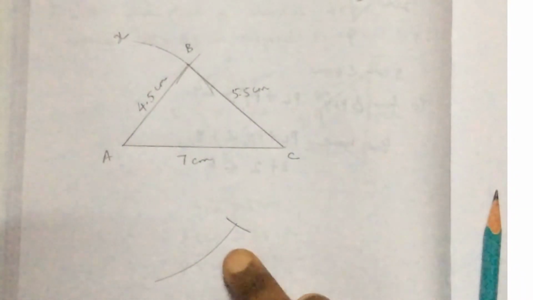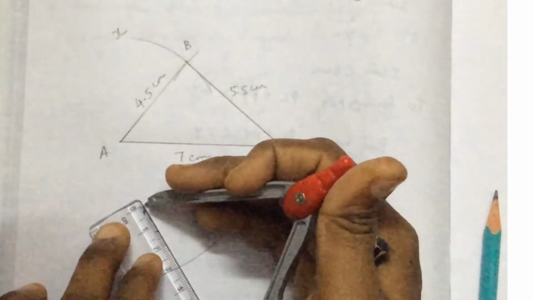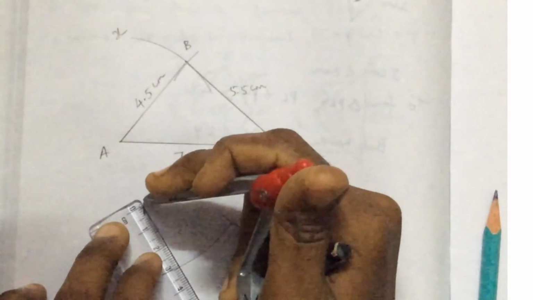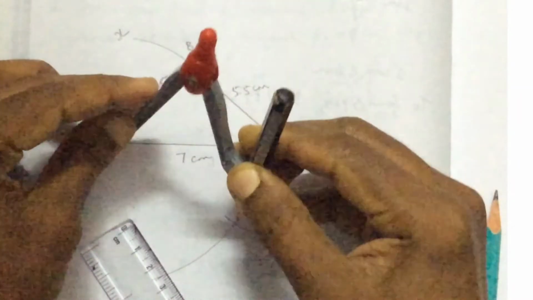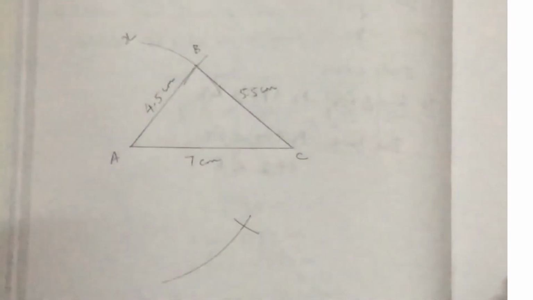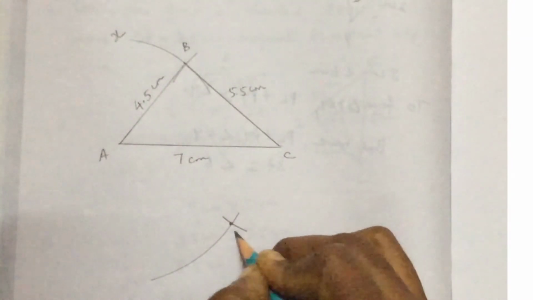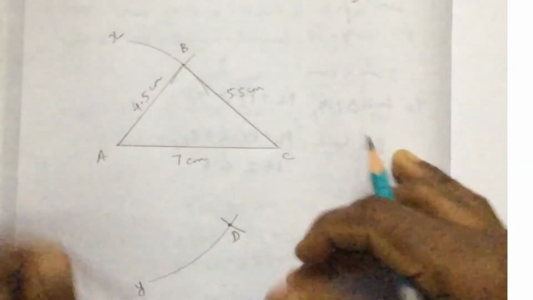Okay, here you can see you have to extend the arc further. So I will take 6 centimeter again, so that I will extend it. Now this meeting point is D, let this arc be Y. Now I am going to join this.